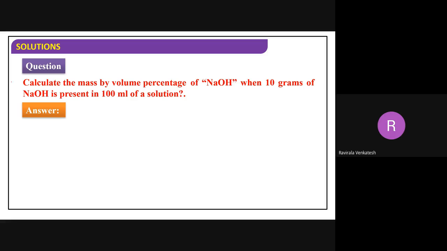Now this is there in the textbook, I think. Calculate the mass by volume percentage of NaOH when 10 grams of NaOH is present in the 100 ml of the solution. What will be the answer, beta?